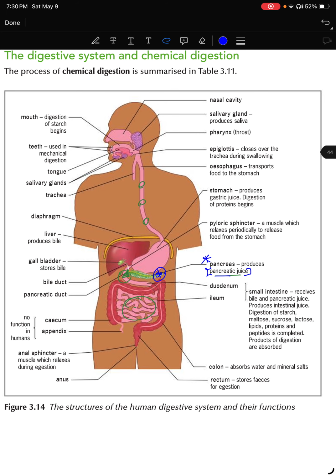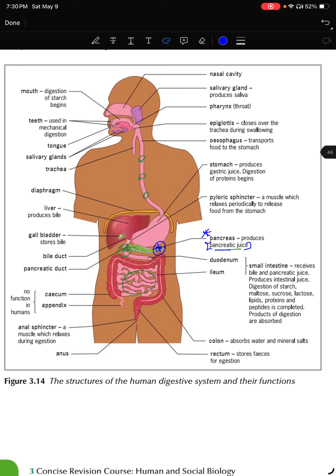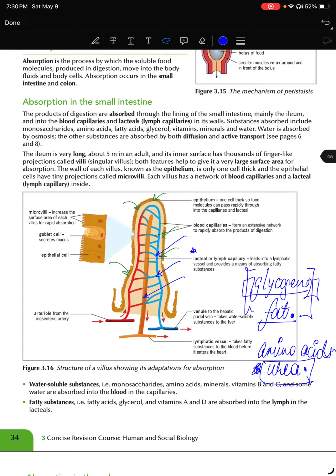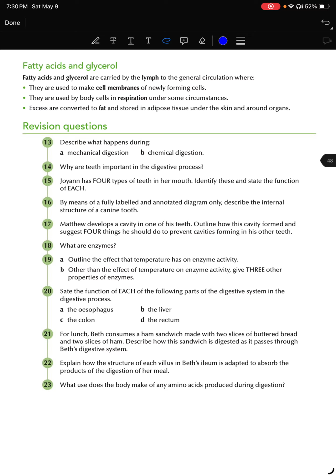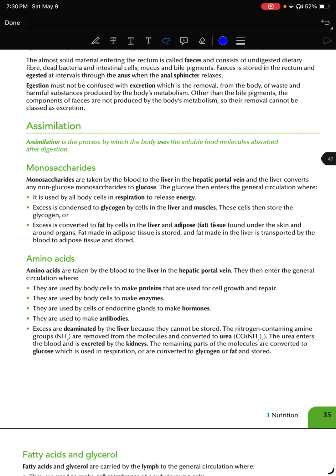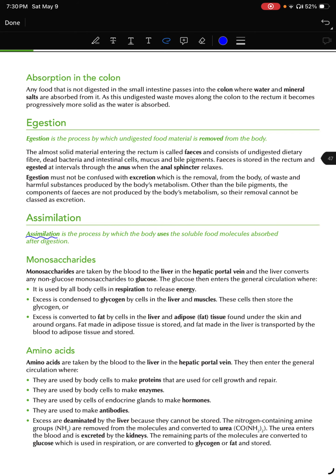So if you absorb a lot of glucose, it goes into the bloodstream, the liver lets it pass through. You need to have insulin being produced for your cells to then use that glucose, and that insulin is made by the pancreas. So I'm going to stop there. And that whole process of using is called assimilation, using the products of digestion.